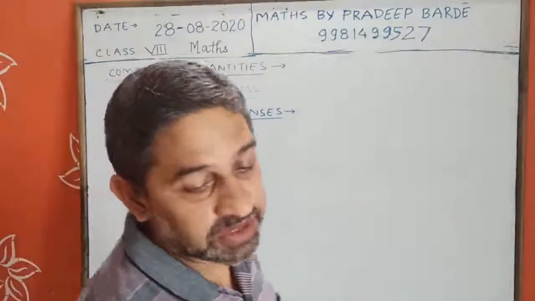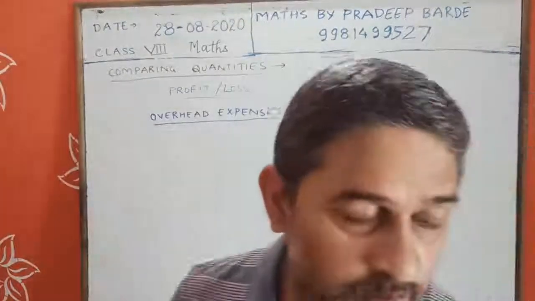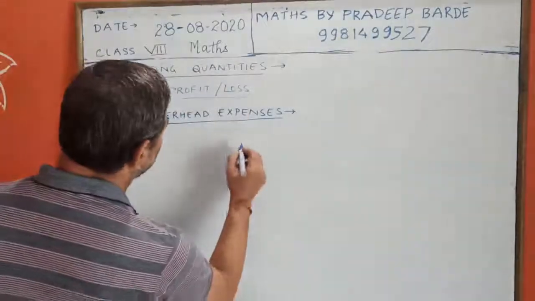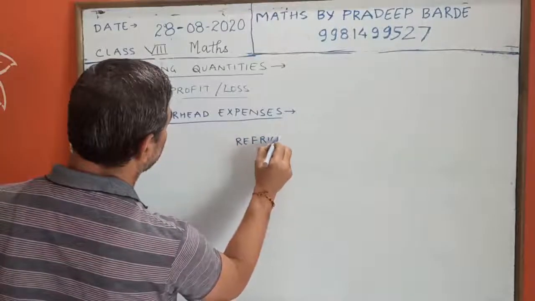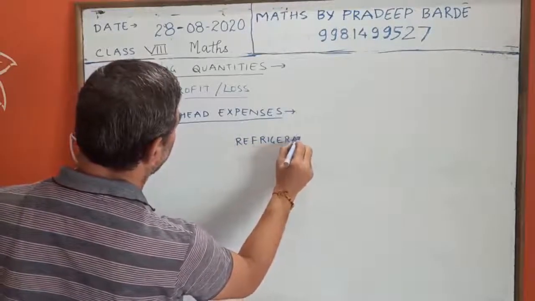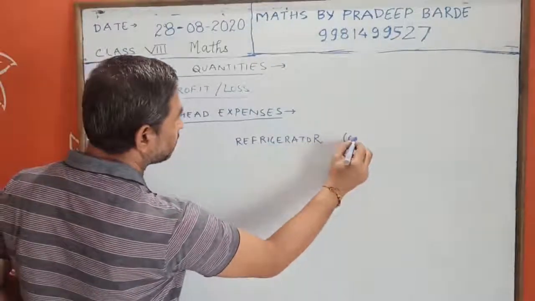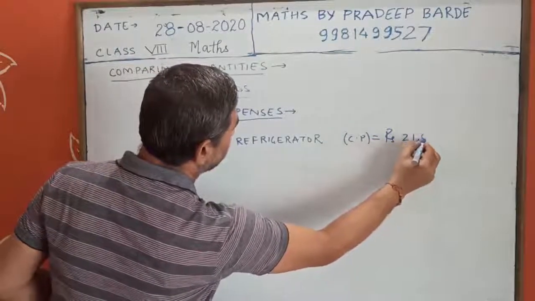Overhead expenses means when you purchase something, any item. For example, if you purchase a machinery or if you purchase a refrigerator, and the cost price of the refrigerator is rupees 21,000.